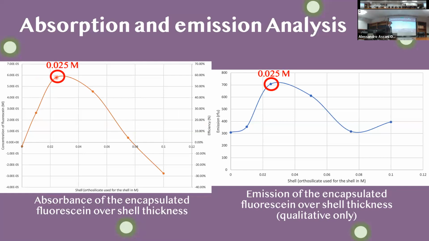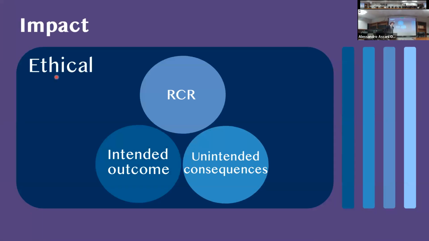Looking at the impact of this research, we need to consider three main factors from the ethical perspective. First of all, this project follows the responsible conduct of research, and we are using ethical equipment and all of this.